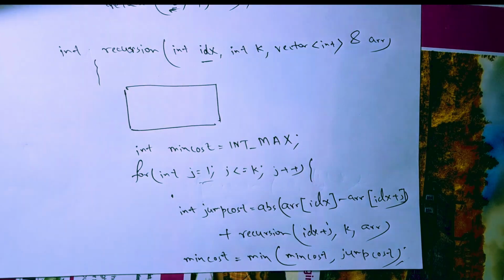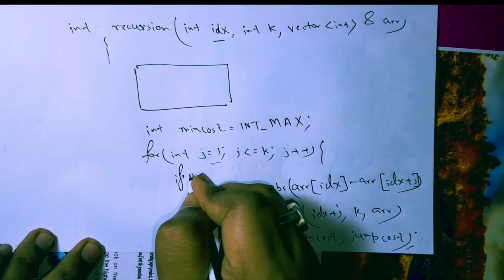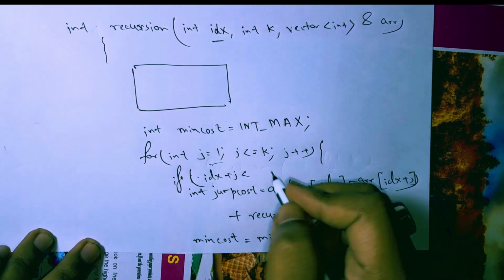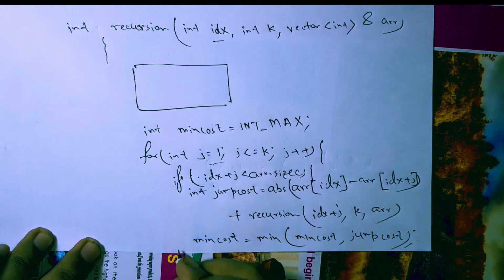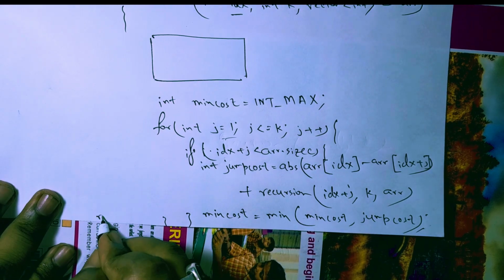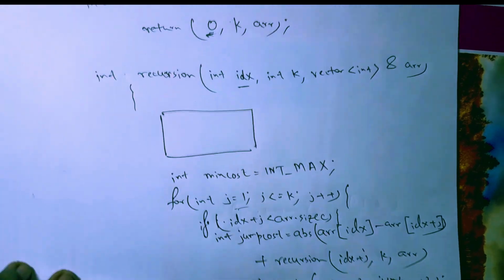So before entering into this, I will check if index plus j is less than array dot size, then I will do this. Then I will solve this, and I will return the min cost. Now coming to the base condition.